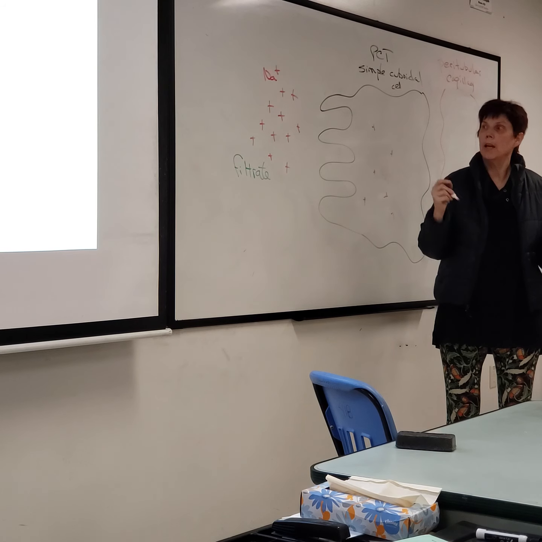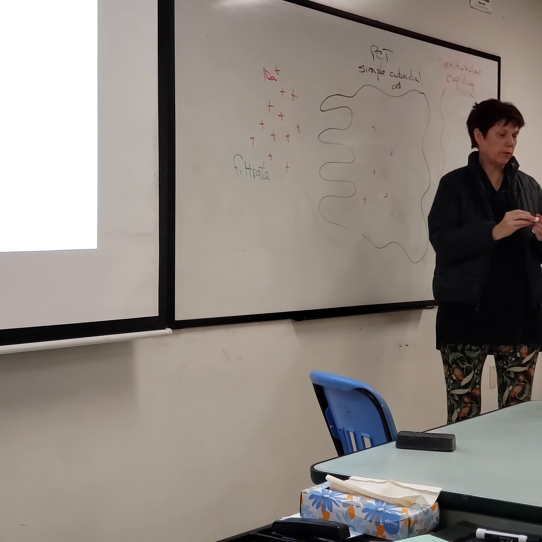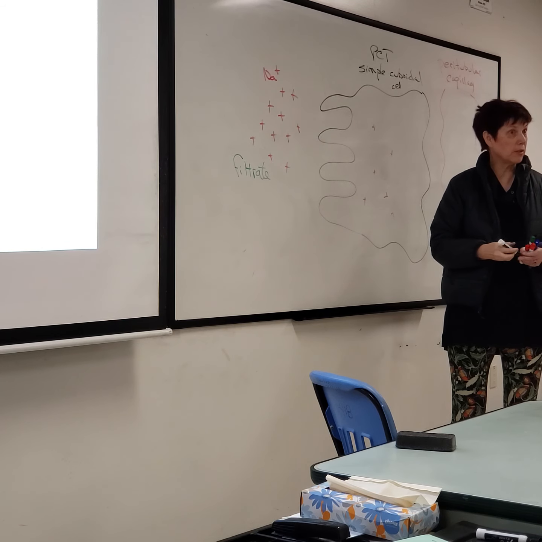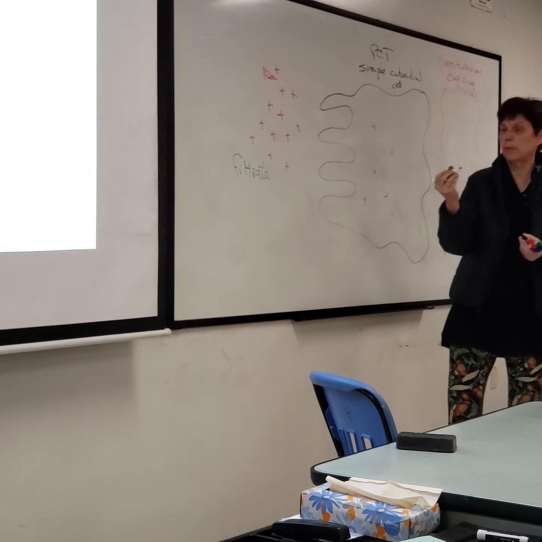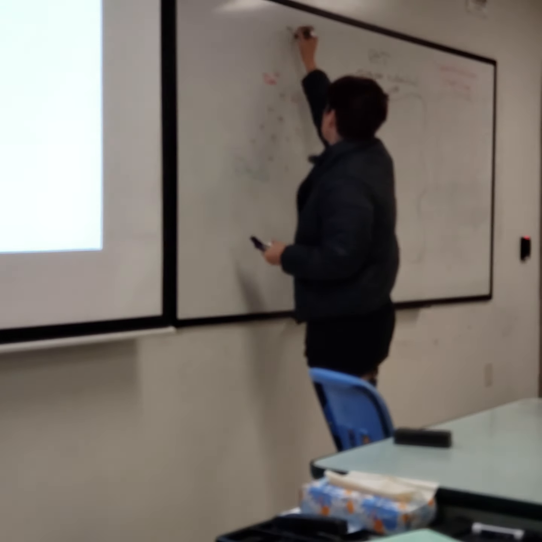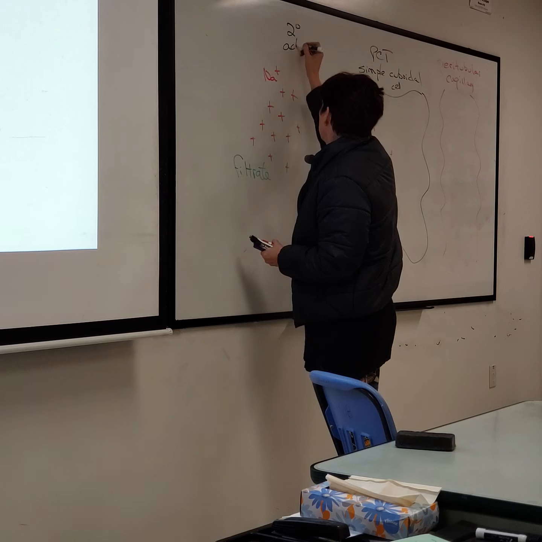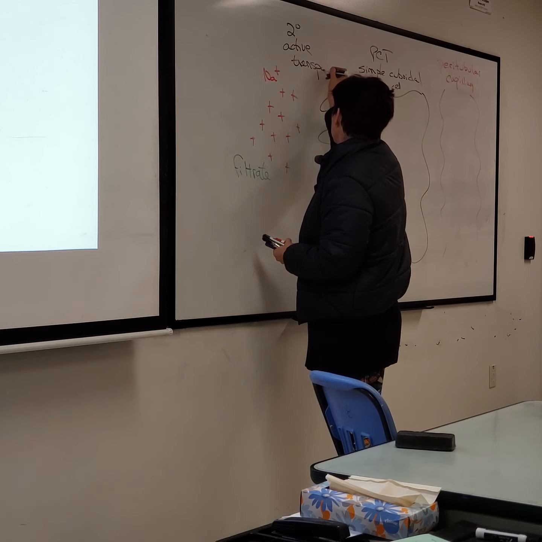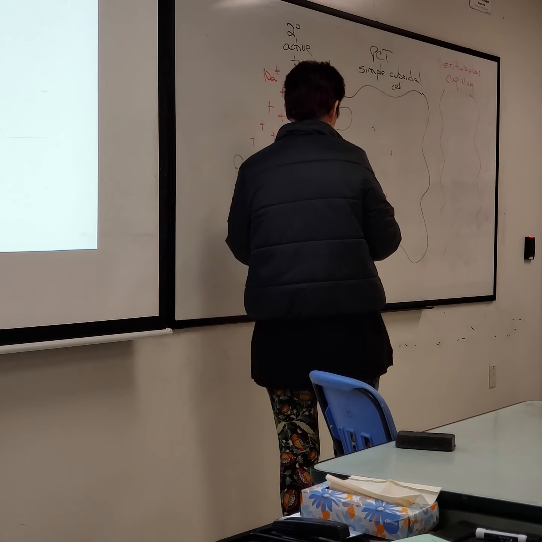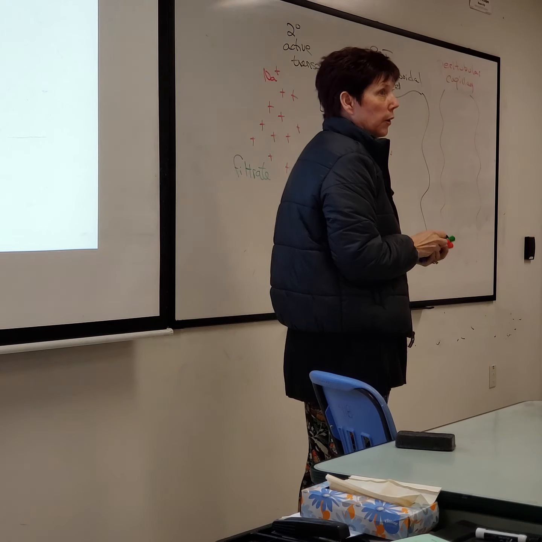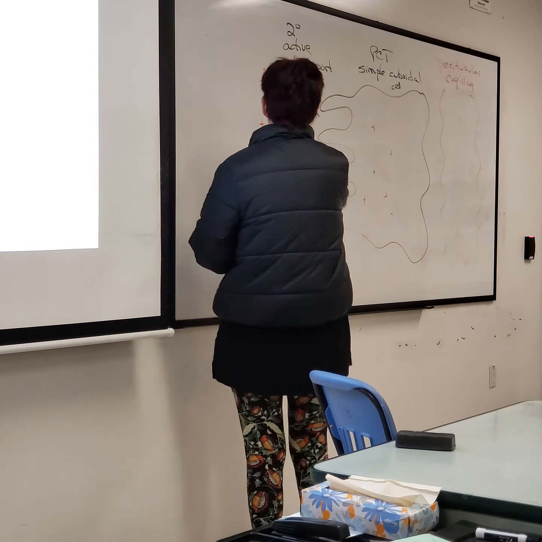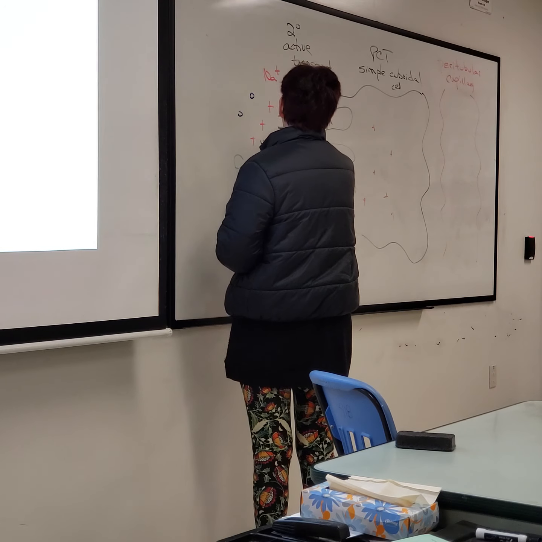But with secondary active transport, we want to increase the rate at which that occurs, make it faster than our normal simple diffusion. By so doing, we're going to couple the sodium movement to glucose and to amino acids. For the diagram we're going to illustrate, I'm going to use glucose.